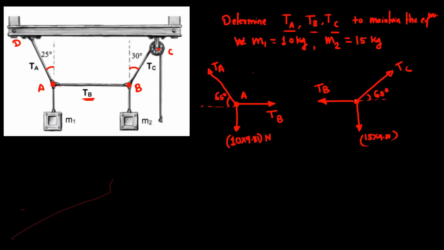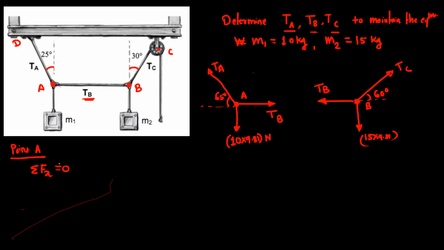For each free body diagram, you can use two equations: summation Fx and summation Fy. You can start from either A or B. Just consider the free body diagram of point A. Use summation Fx equal to 0, or you can use Lami's theorem.